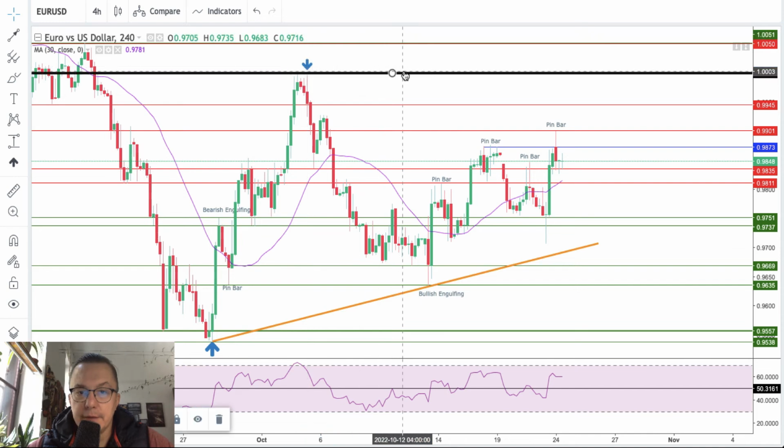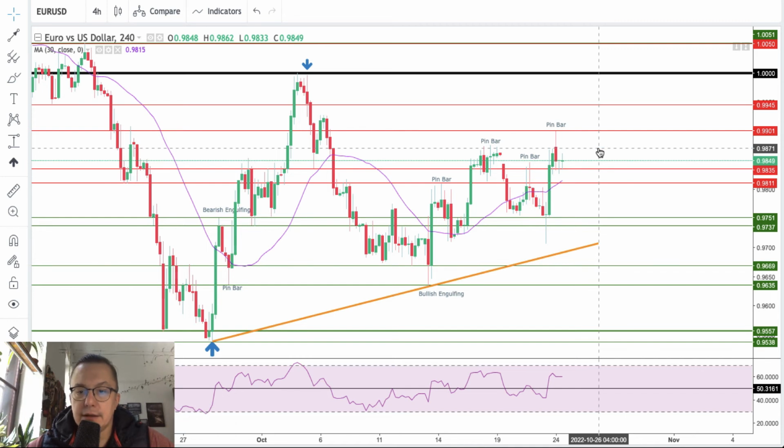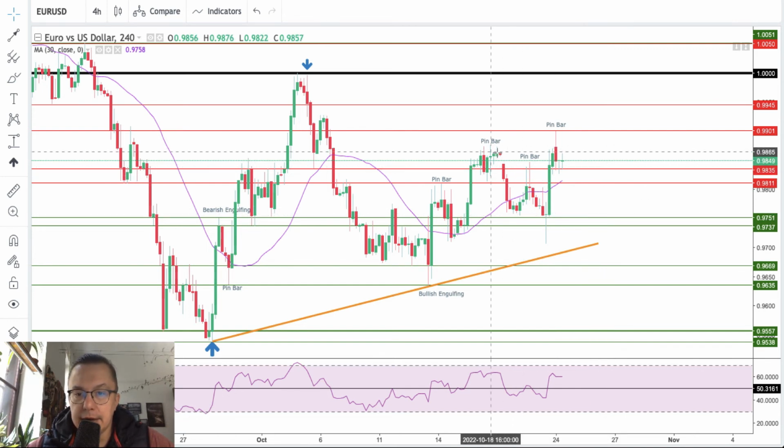So what do we see here? As you can see, there is another test of the technical resistance, 9,901. Tested brilliantly. That's exactly the high, and we went back down towards the technical support 9,835. So that local high from 9,874 is now gone, and I'm just wondering what kind of wave progression is being done here.